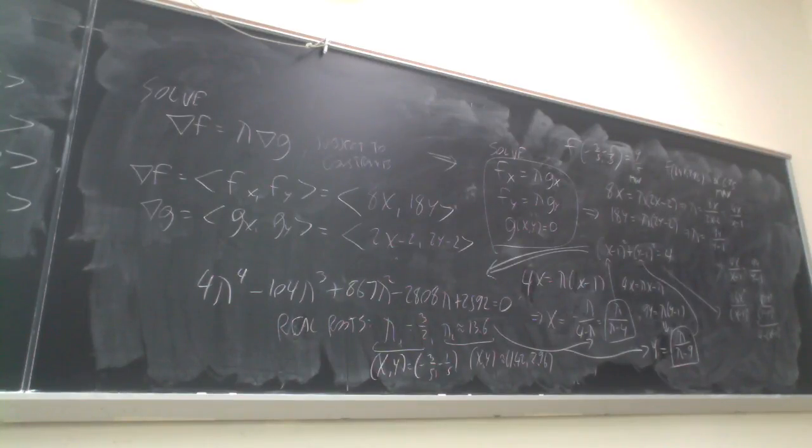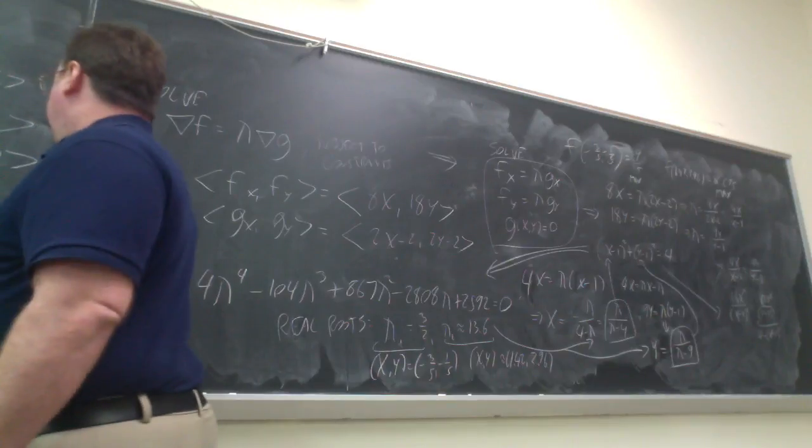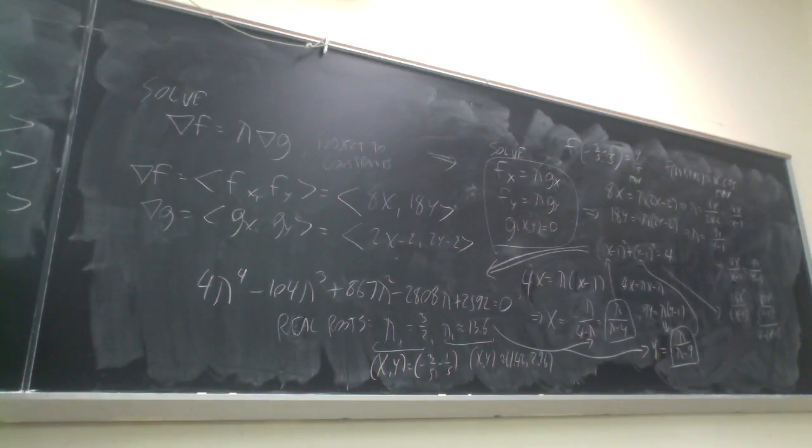And then we have our 2 constraints: x squared plus y squared equals 1, and 2x plus z equals 1. This last equation is pretty convenient because it gives you an easy way to eliminate either x or z in favor of the other. So if we now fill in the particulars, fx, fy, fz are 1, 1, 1. And then g1 with respect to x is 2x, so we have 2x lambda 1. And then g2 with respect to x is 2, so we have 2 lambda 2.